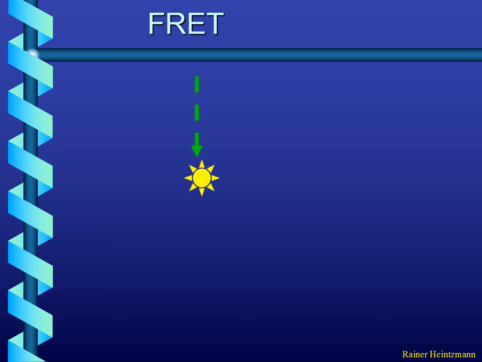So what happens if you have a fluorophore that gets excited by some fluorescent light? It's now in the excited state and gives off its excited light. And that's what you would normally measure by the Stokes shifted emission of radiation. However, if there's a second fluorophore close by that can also be excited, that one is called the donor because it donates its energy to a second molecule called the acceptor.